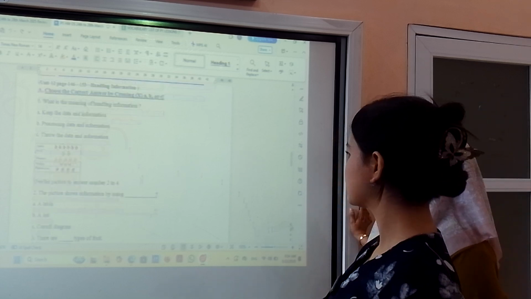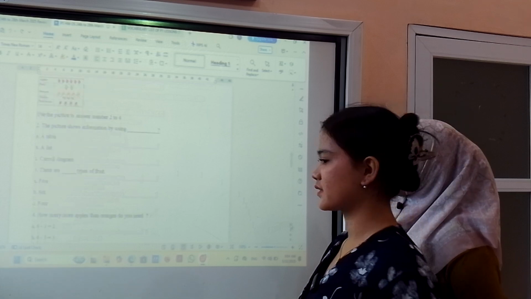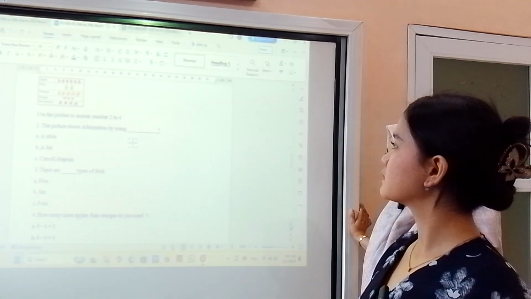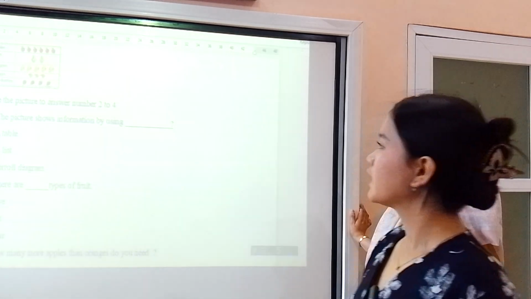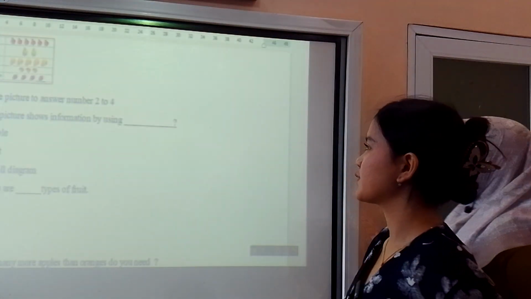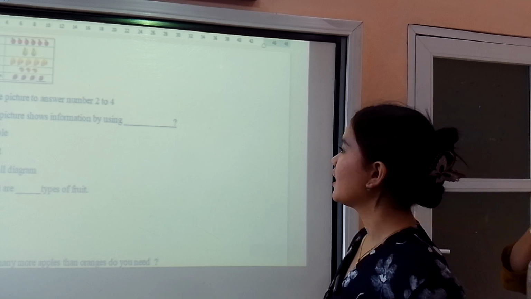Okay, number 2. The answer is: the picture shows information by using a table.